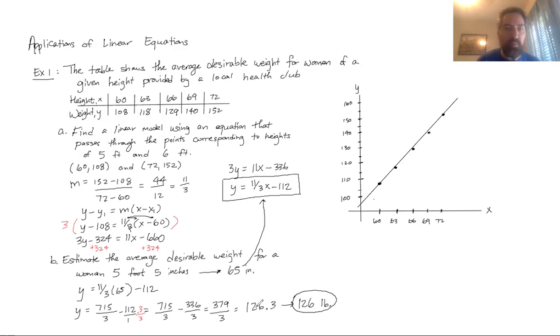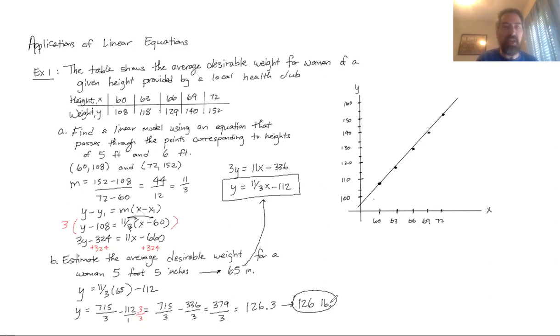It's 126.3 repeating, but let's just call that 126 pounds as my estimate for the average desirable weight for a woman who is 5 foot 5 inches. All right, so that's one example of how we can use linear equations for modeling.